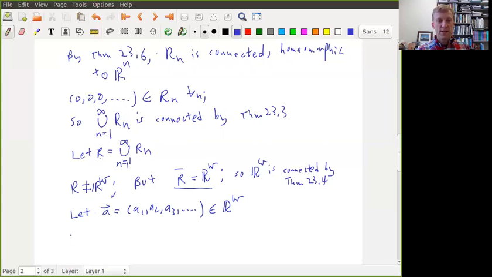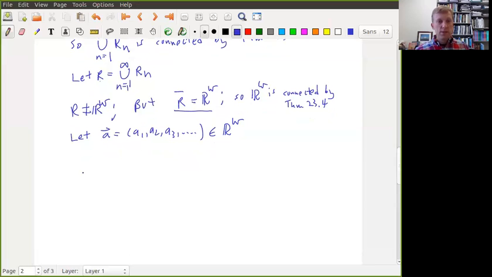The way we do that is to show that any neighborhood of A intersects R infinity. So let's start with a neighborhood of A, which is going to look like a product of open sets.